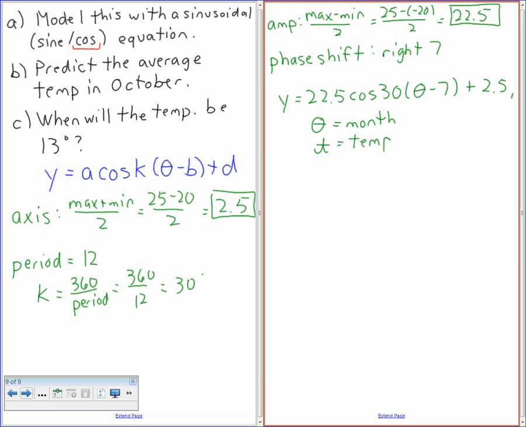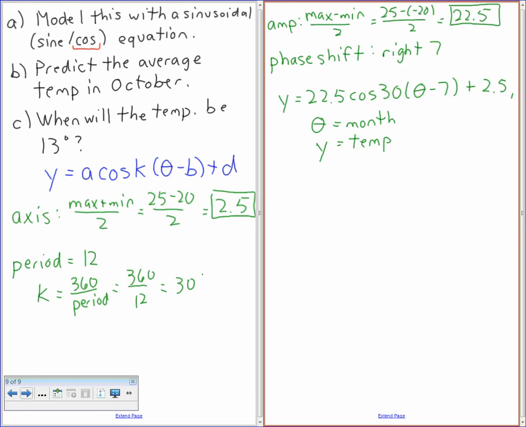I would like you to write in what the variables mean, because if you're using theta and y, that's fine. If you want to use m for month, whatever, t for temp, y for temp, put the right variables in there. Okay, so far so good?